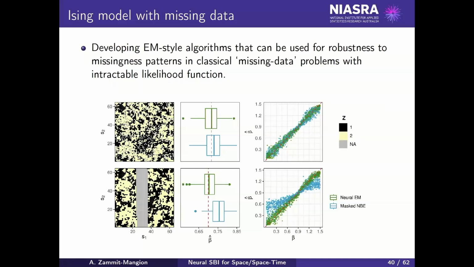We applied it to this. You can see now that it's got a lot of bias, right? So ideally, we want our estimators to be robust to missingness types.